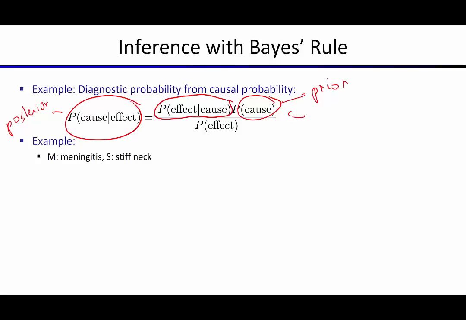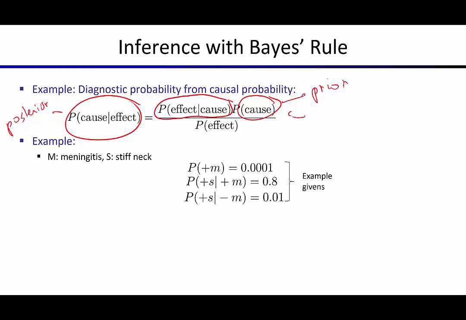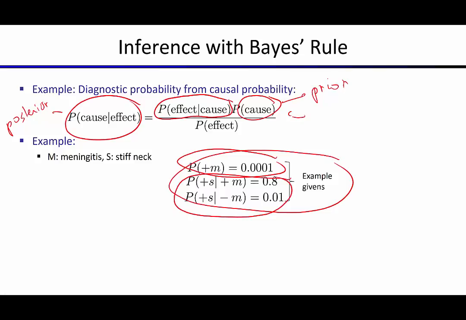Okay, let's say you're worried whether somebody has meningitis, and the thing you get to observe is whether they have a stiff neck or not. The model you then would have is something like this. You would be given a prior distribution: on average, how many people in the population have meningitis, or maybe on average, how many people who come to a doctor's office have meningitis. When people have meningitis, there are statistics on how often they have a stiff neck.